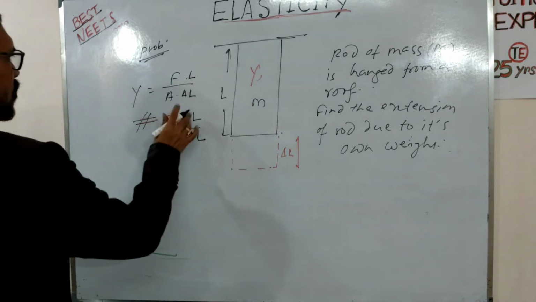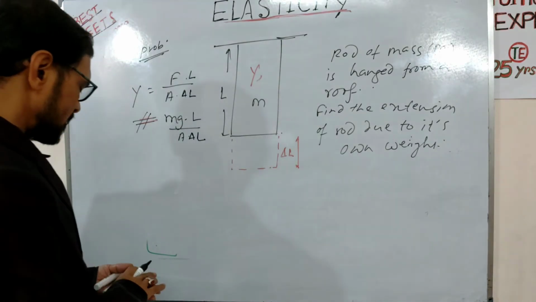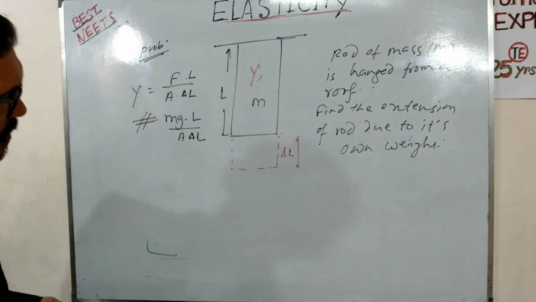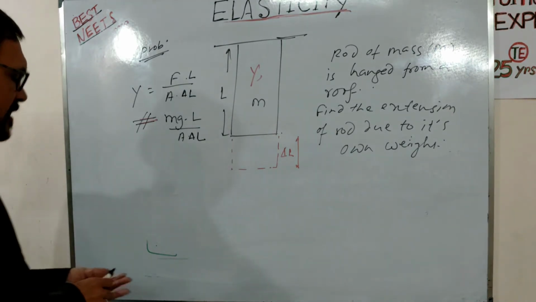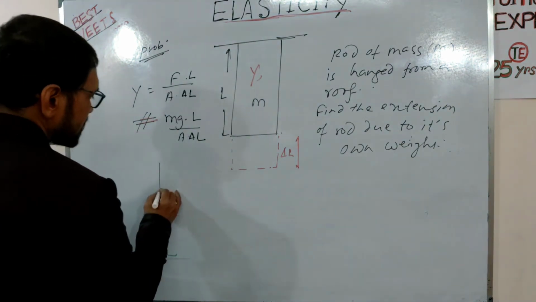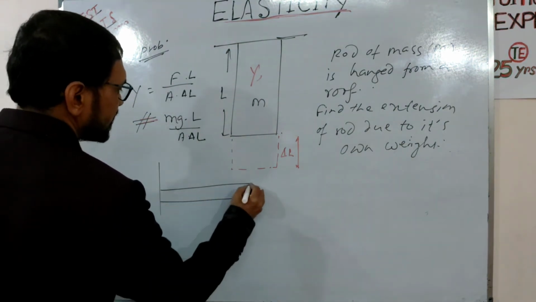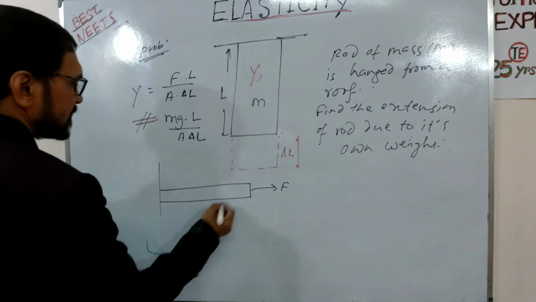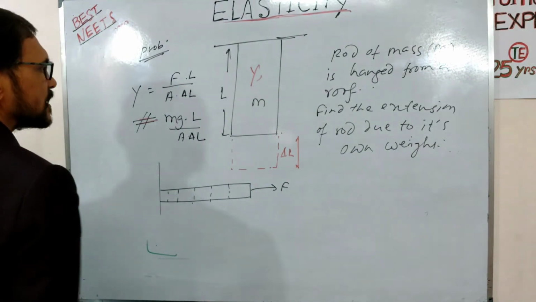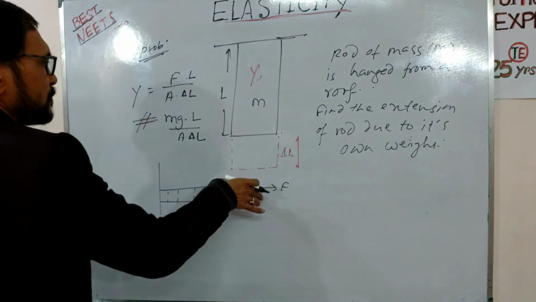Because here the force is not mg. Here a variable force acts. If a body is horizontal and force is applied, then at every section the force is F. But here it is hanging vertically.